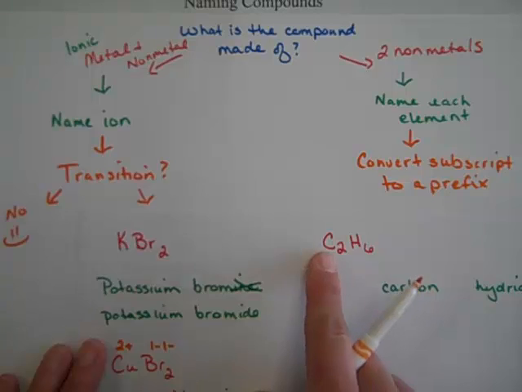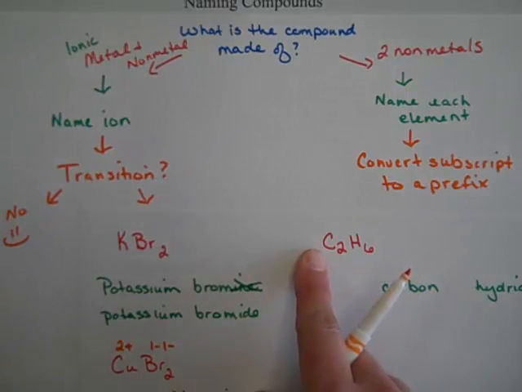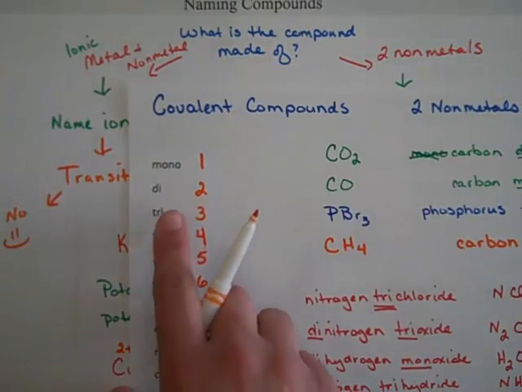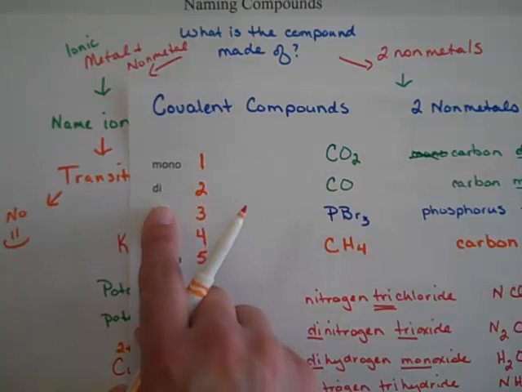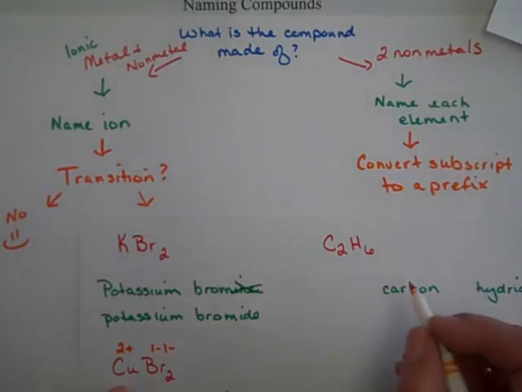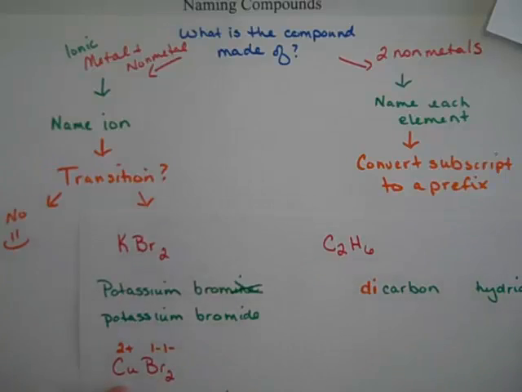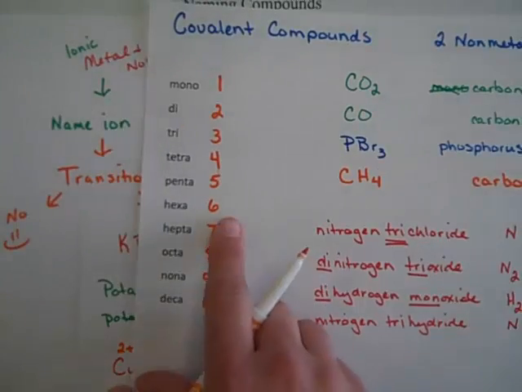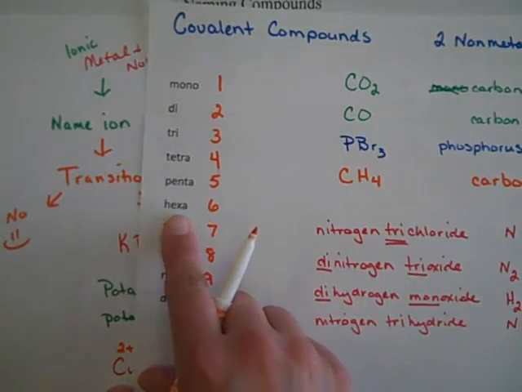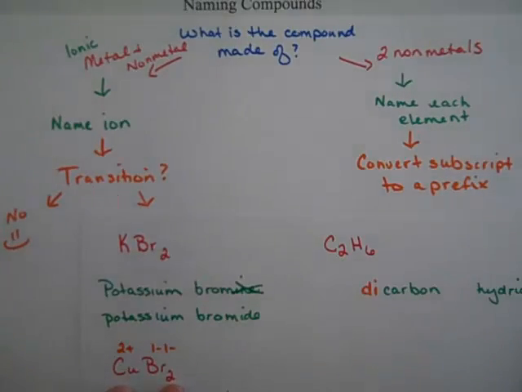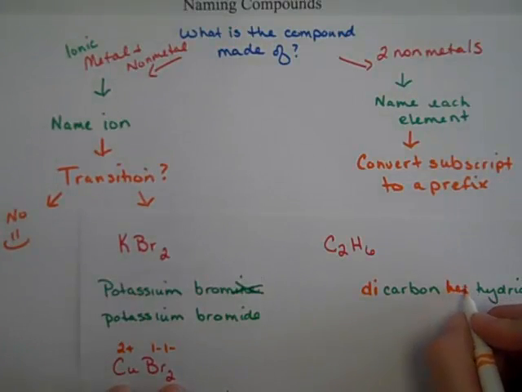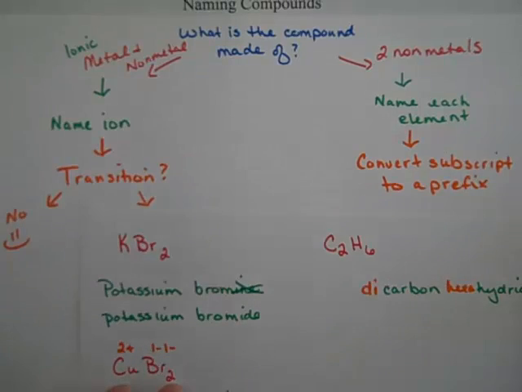So we have two carbons. And if we remember from our prefix list over here, 2 is di. So we would have di-carbon. And we have 6 hydrogen. 6 is hexa. So we have dicarbon hexahydride.